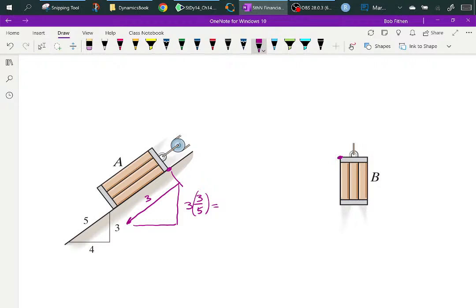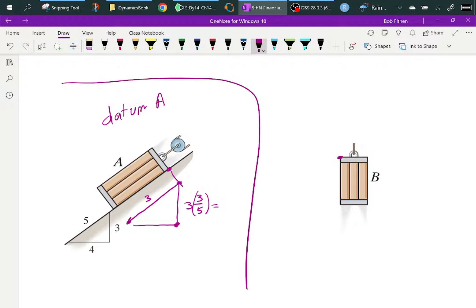So the key is, and this is what's so interesting, you got 2 points here. On A, the datum of A is all independent of the datum of B, because what's going to happen, this is going to move up so many feet, and we don't know what that is. We know this is going to be state 1. We know that's going to be state 2.